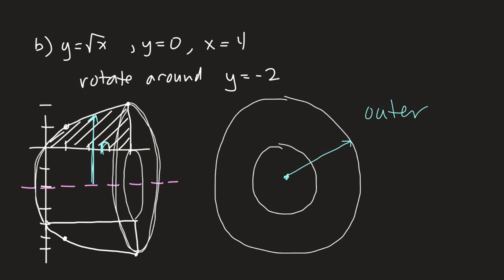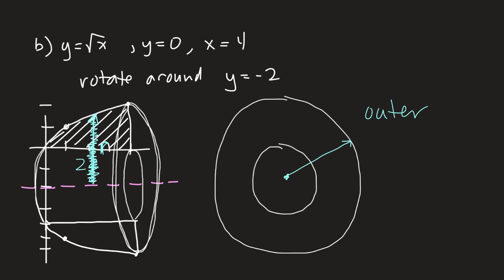Well, at one point it's 4, but that's only when x equals 4. What about when x equals 1? What is it there? What about when x equals 1.5? What is it there? So we have all these different times, but in general, how do we find that? How much is it from the center to the x-axis? 2, and then how much is it from the x-axis to this point up there?